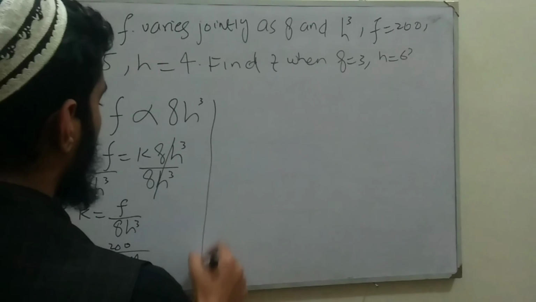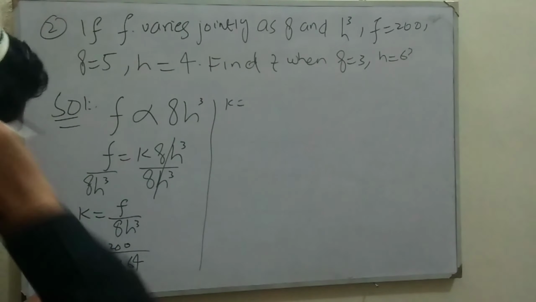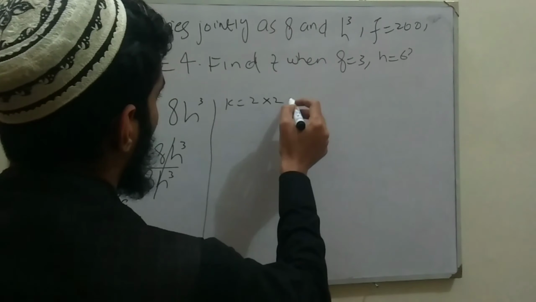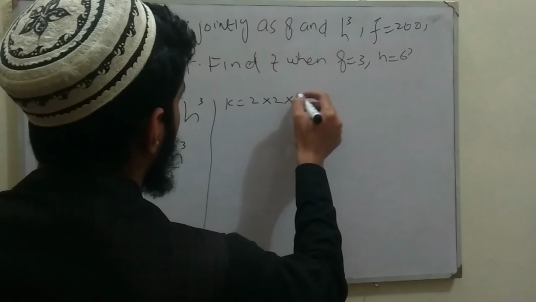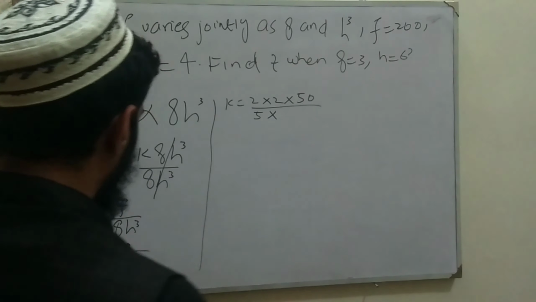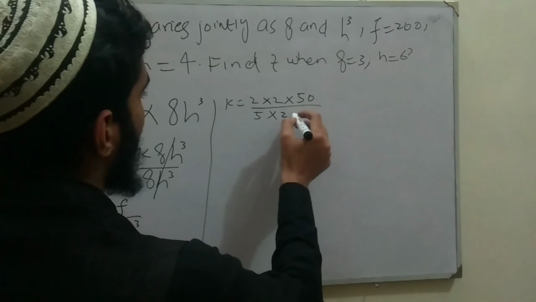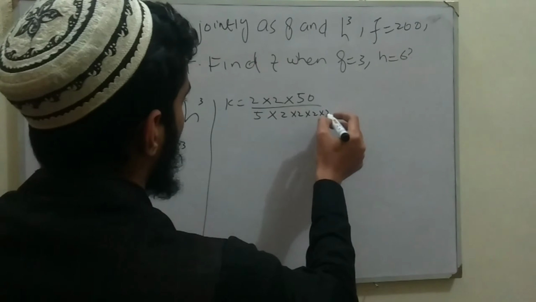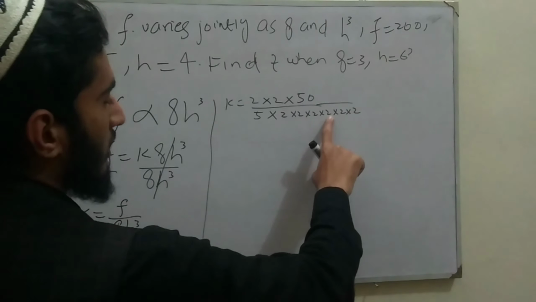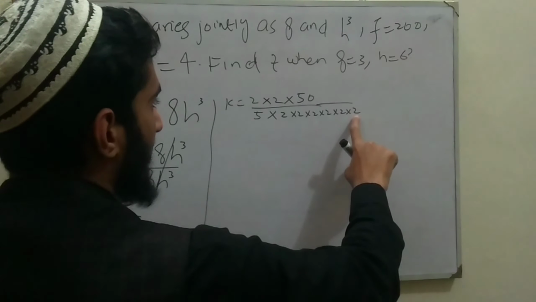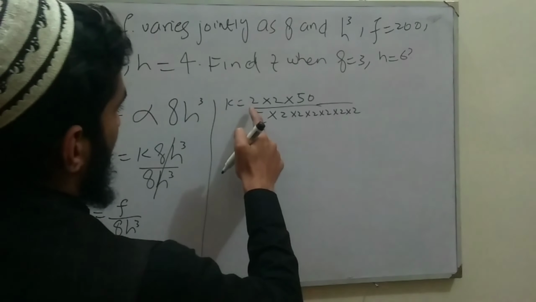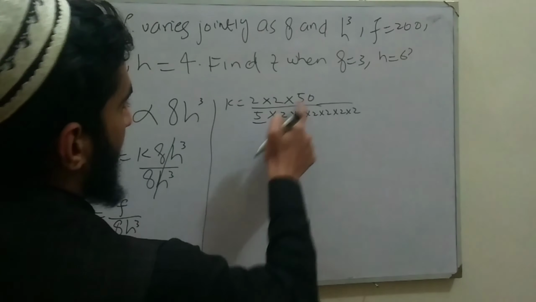So k is equal to 200 divided by 5 multiply 64. 64 can be written as 2 multiply 2 multiply 2 multiply 2 multiply 2 multiply 2, because 2 multiply 2 gives us 4, 4 multiply 2 gives us 8, 8 multiply 2 gives us 16, 16 multiply 2 gives us 32, and 32 multiply 2 gives us 64. And 200 can be written as 2 multiply 2, which gives us 4, and 4 multiply 50 gives us 200.